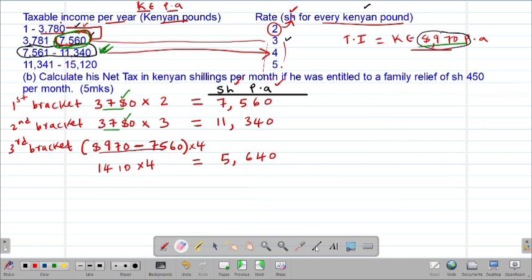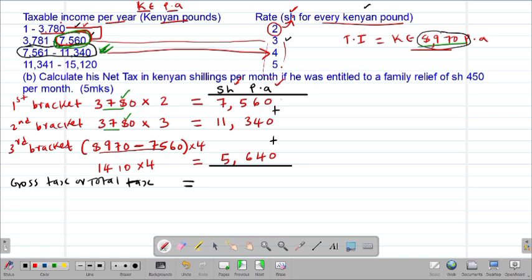5,640 shillings. Therefore, from this particular stage, we can get what we usually call the gross tax or the total tax. So the gross tax, also called the total tax, will be equal to, we are going to add this amount to this amount here.